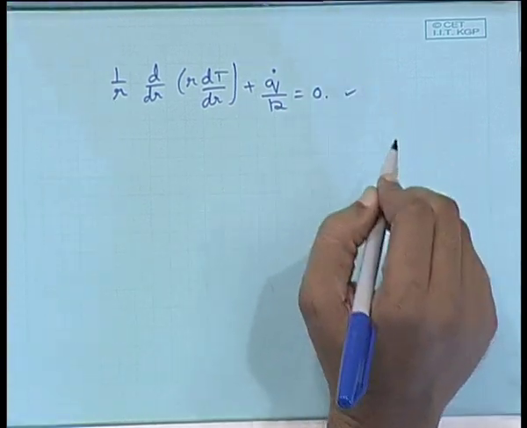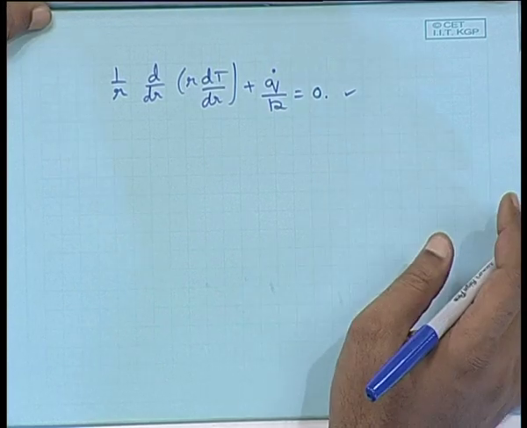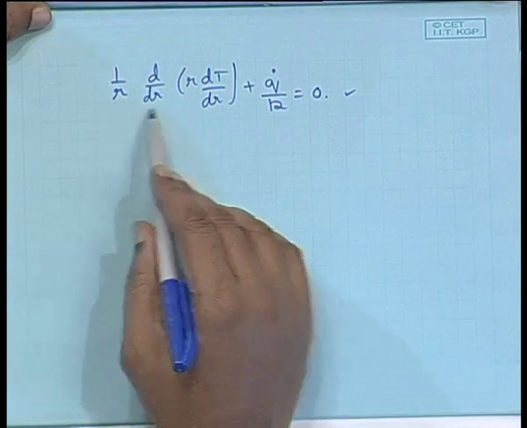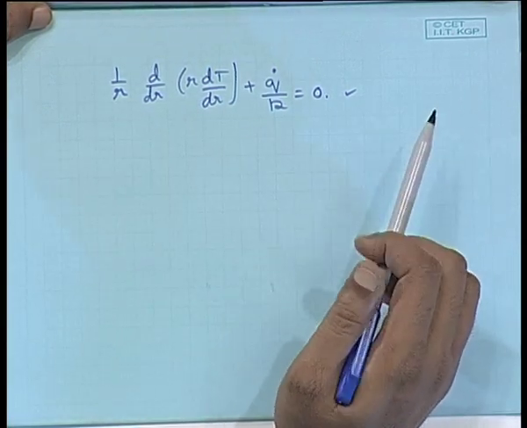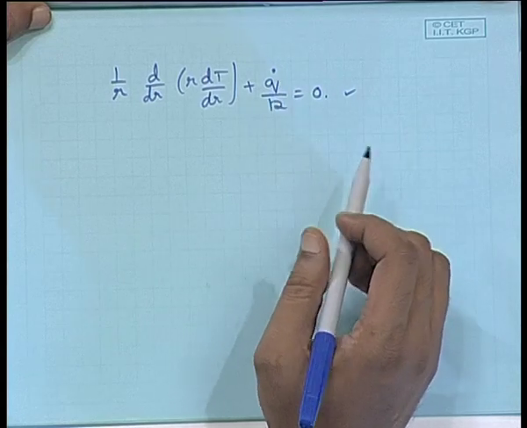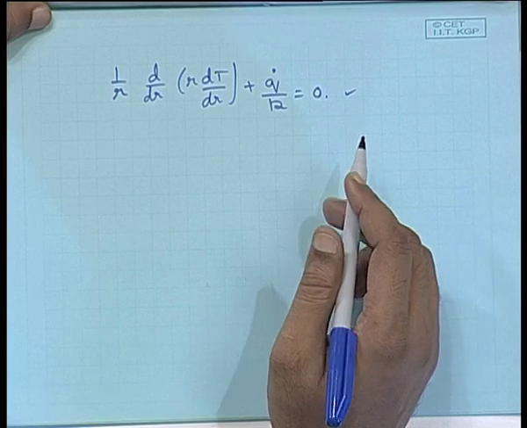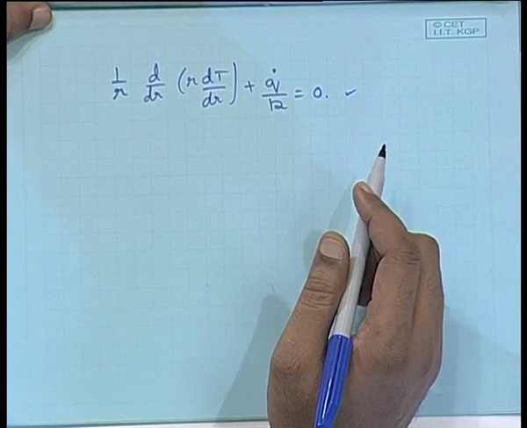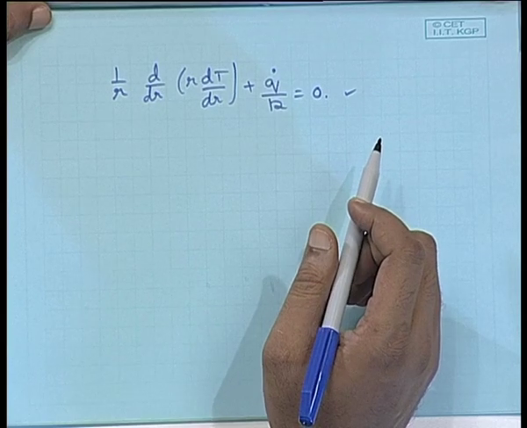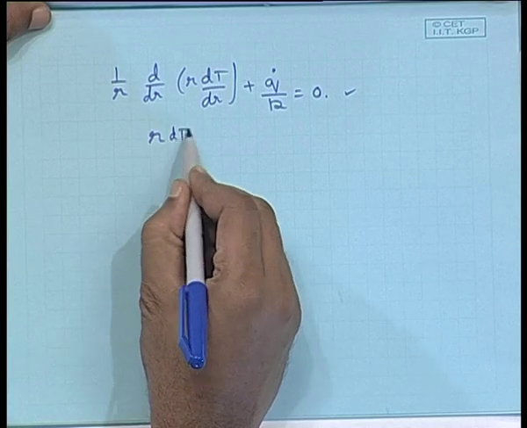This would be the form of the equation. Now, one can proceed to find out what would be the distribution. What kind of a distribution am I going to get from here? Q dot is a constant, it is not a function of r. So, what type of profile am I going to get? Parabolic.